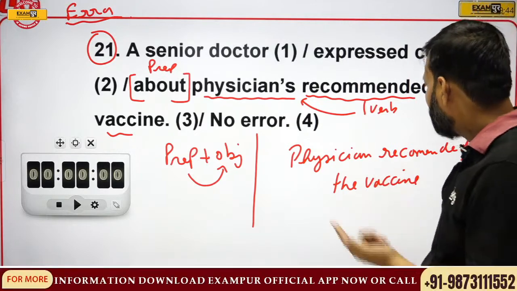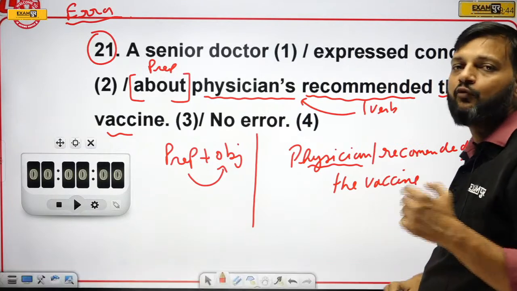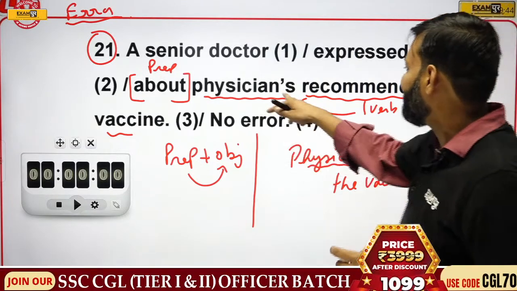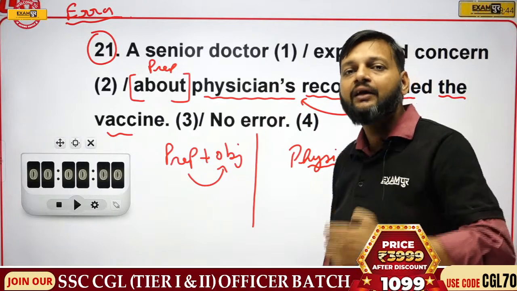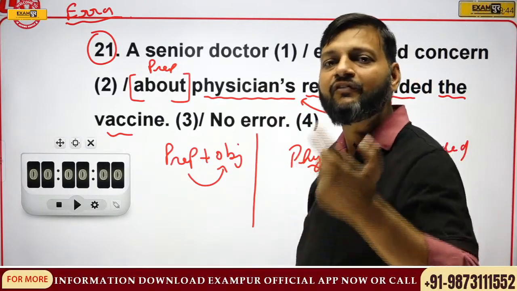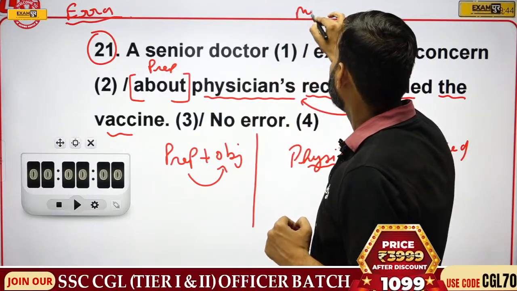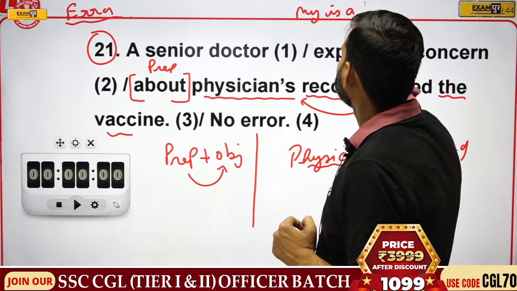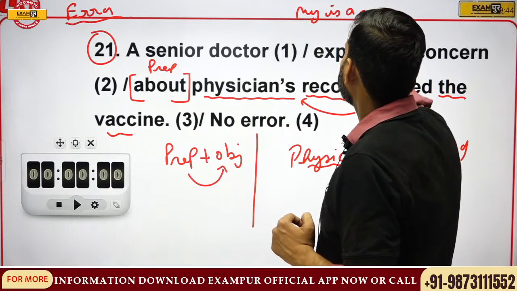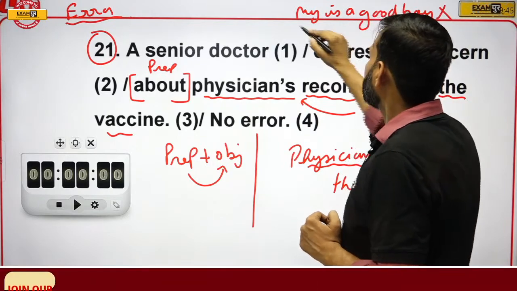It would have been right if in place of physicians we had just the word physician, because physicians is possessive, like my, your, his, her. These words are possessive. The same way physicians is also possessive. Can you write this sentence, my is a good boy? You cannot write, because my cannot be the subject.